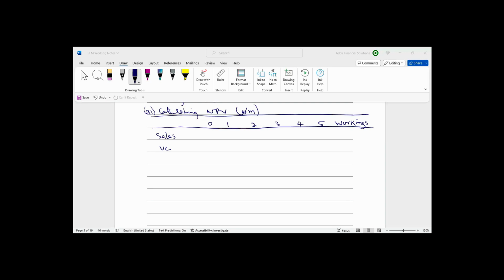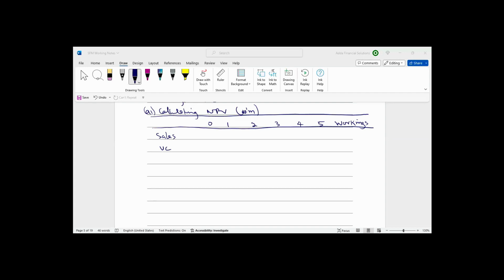Now, I will go straight to where I have information on my selling price. I want to calculate sales. I need selling price. When you look at the table given to you, you are given selling price in current price terms: 2,000 naira, 2,200 naira, 1,600 naira, and 1,500.